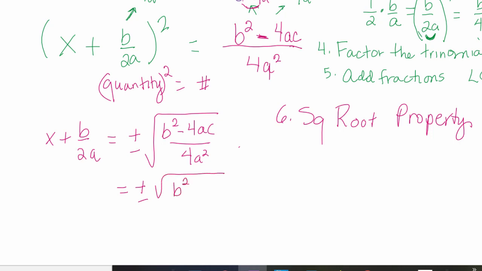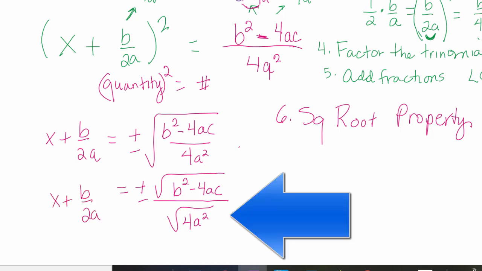The square root of the numerator divided by the square root of the denominator, which is 4a squared. And by the way, do you notice the perfect square here in the denominator? So let's simplify that.